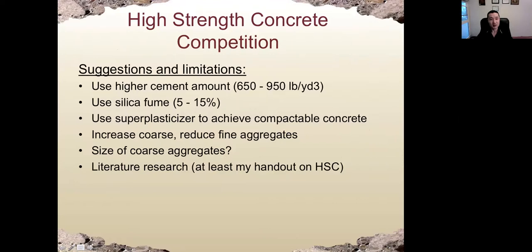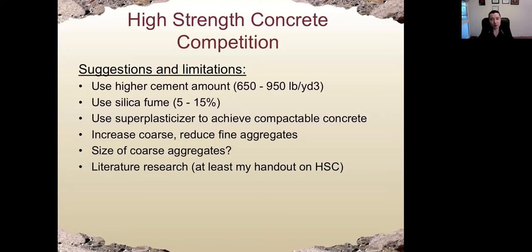Some suggestions and limitations. Try to use a higher cement amount, because with a higher cement amount you can achieve a lower water to cement ratio, which is important for high strength concrete. You should use some silica fume, at least 5%, but no more than 20%, I would say.